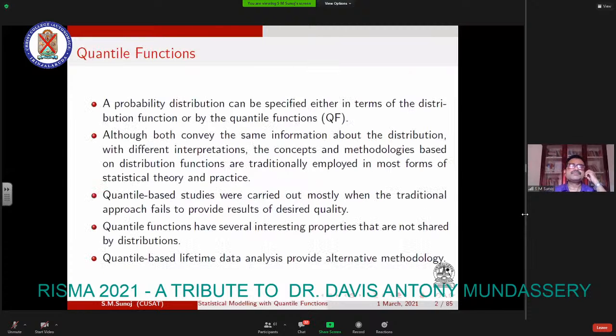To begin with, a probability distribution can be specified either in terms of the distribution function or by the quantile function. People are much more familiar with the distribution function approach, because most of our discussion is purely based on it, and some of the results we have used, knowingly or unknowingly, use the quantile function.